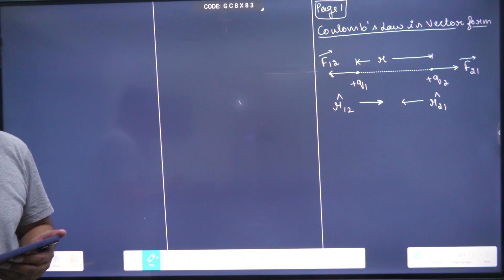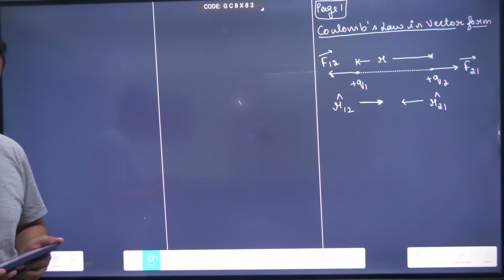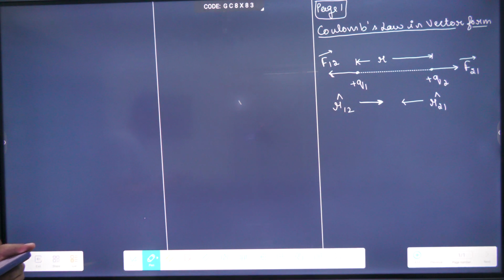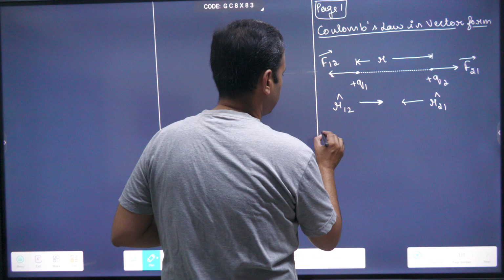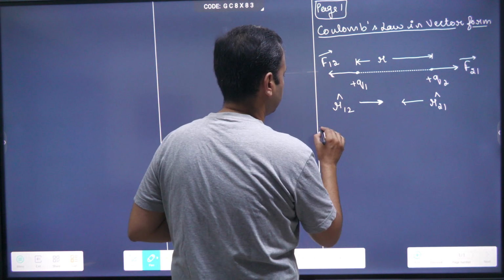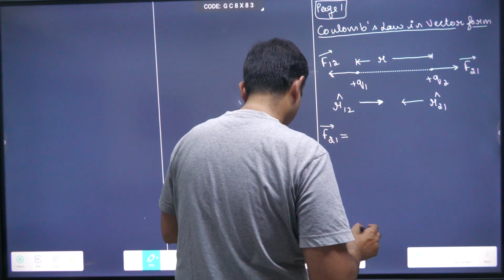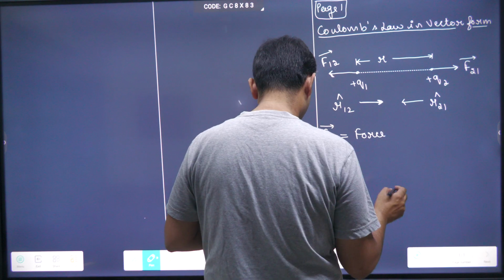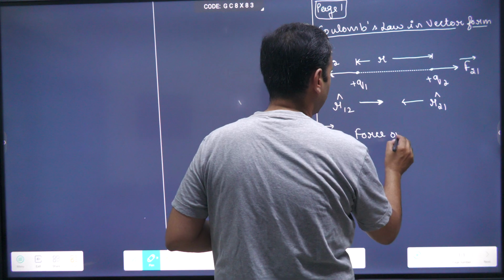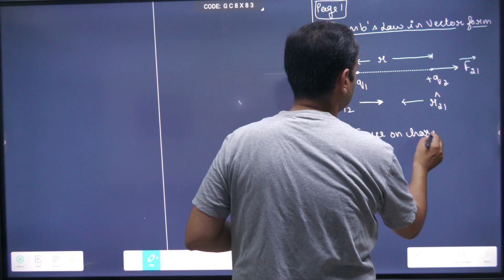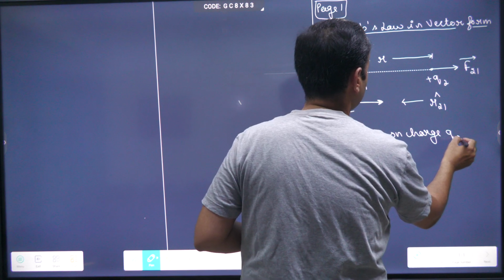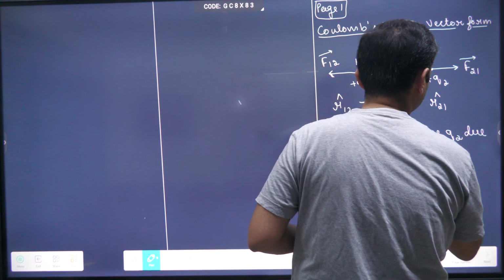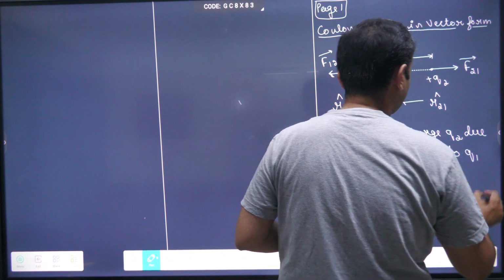Okay. Now after this I have written here in vector form, Coulomb's law may be expressed as F21 vector is equal to the force on charge q2 due to q1.